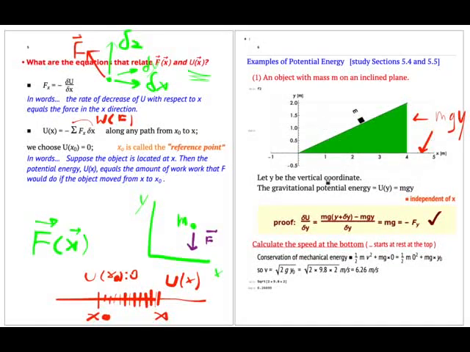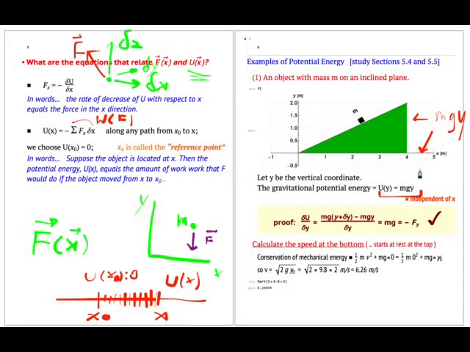So that's one example of a potential function for a conservative force. The conservative force is the force of gravity near the surface of the Earth. And the potential energy function is mgy. It doesn't depend on x.